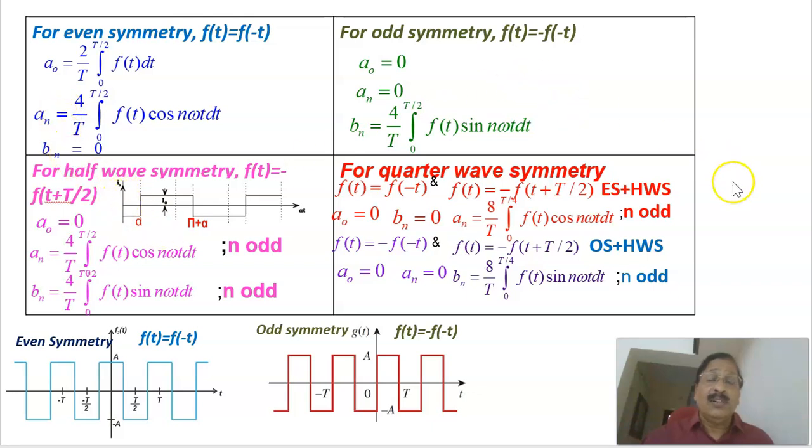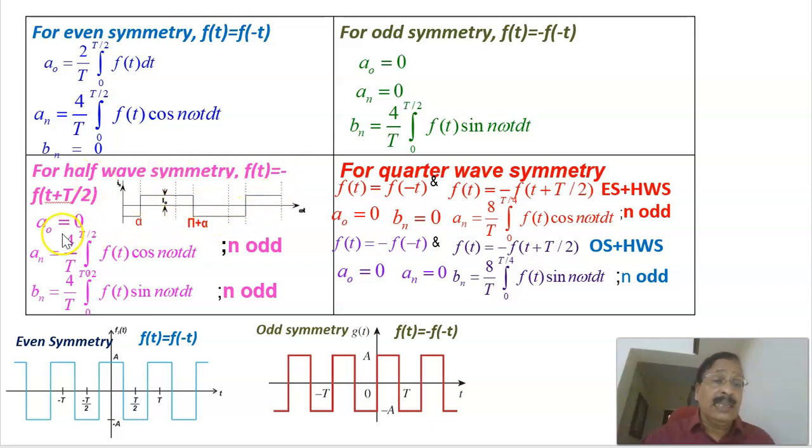Next, as we have already discussed in the previous slide, there is half-wave symmetry. In half-wave symmetry, f(t) equals minus f(t + T/2). Therefore, this has half-wave symmetry.